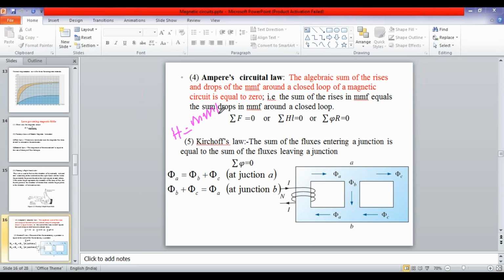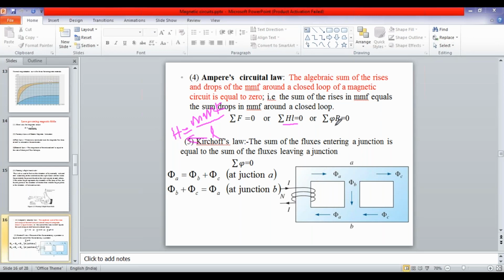MMF is equal to force, and MMF per unit length is called the magnetic field intensity H. So sigma H into L is equal to 0.